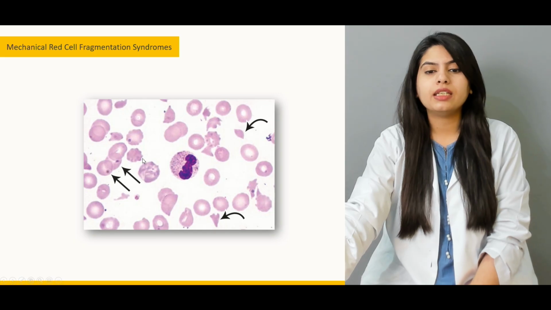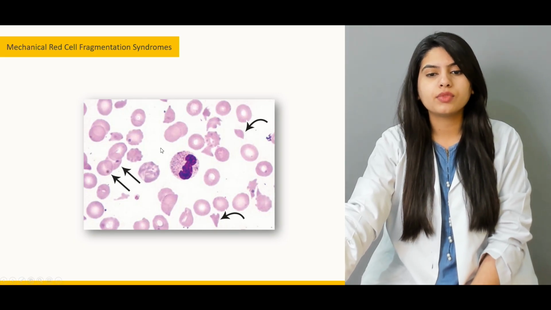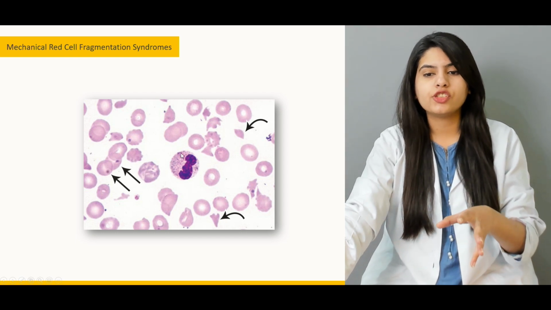Here, if you look at the morphology of this type of red blood cells, you can see that they are highly irregular in their shapes.